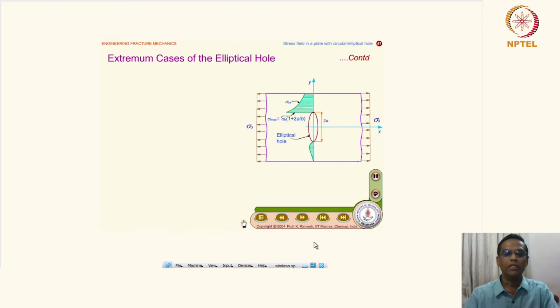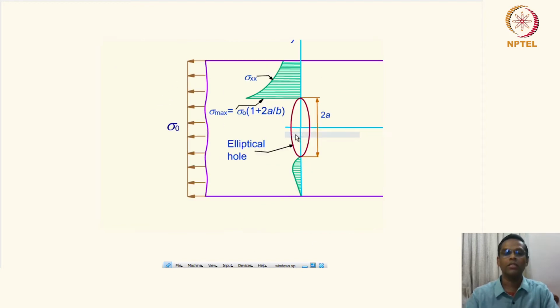What you are seeing in this slide is an elliptical hole in an infinite plate, and what English has shown is that sigma max equals 1 plus 2a by b times the far field stress sigma naught.